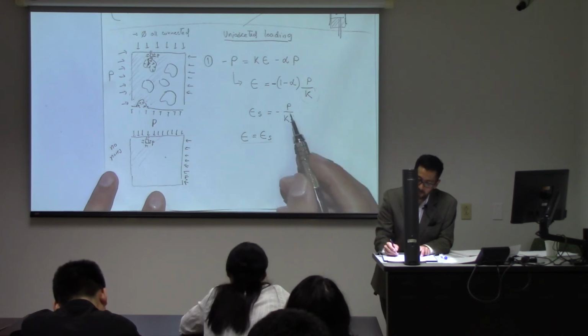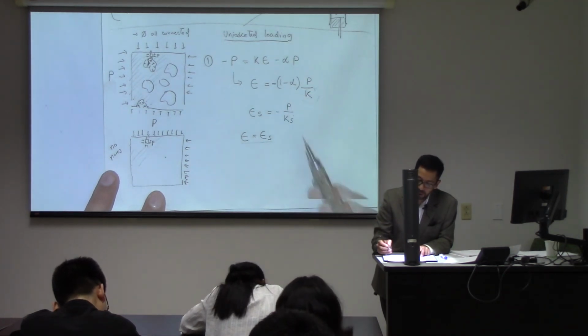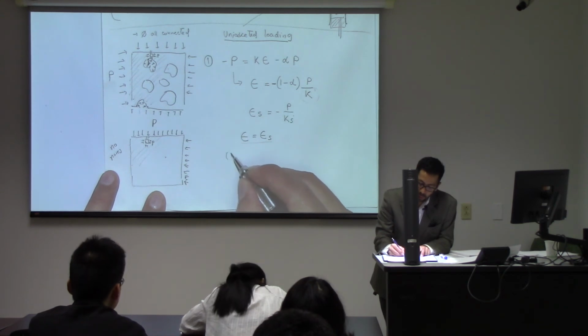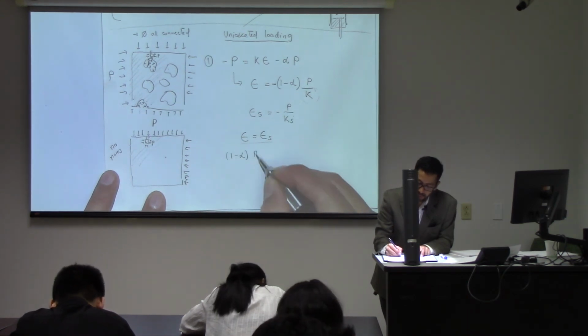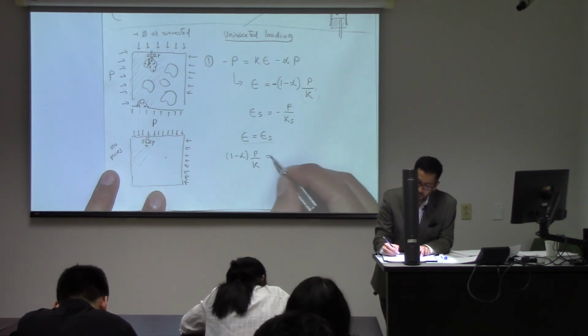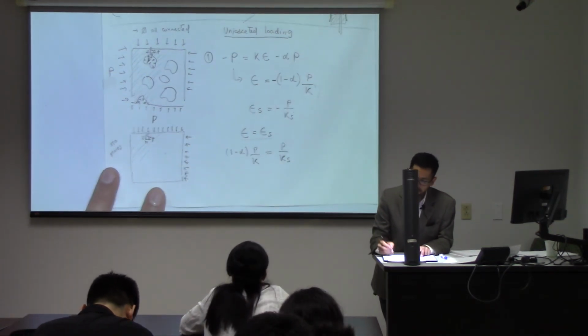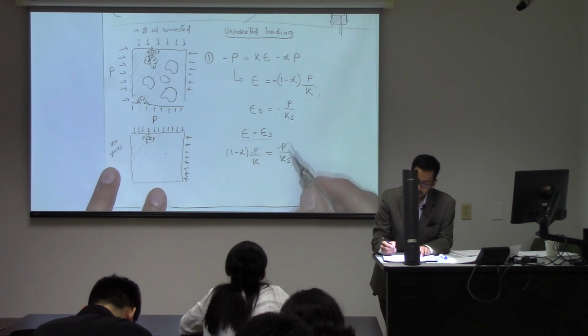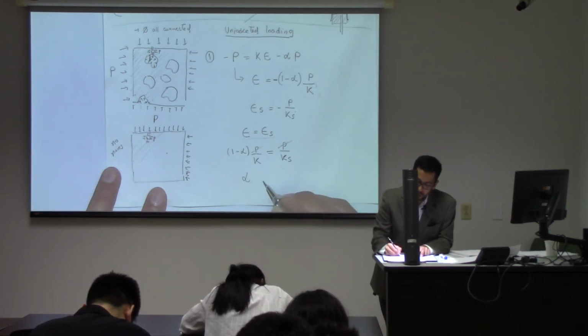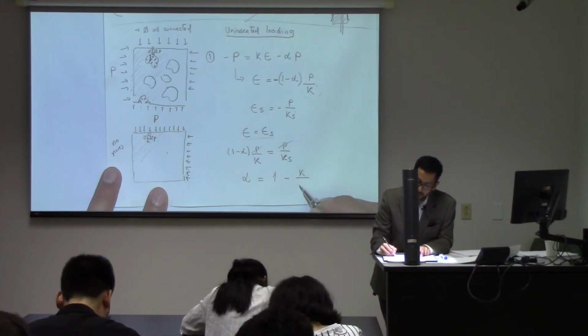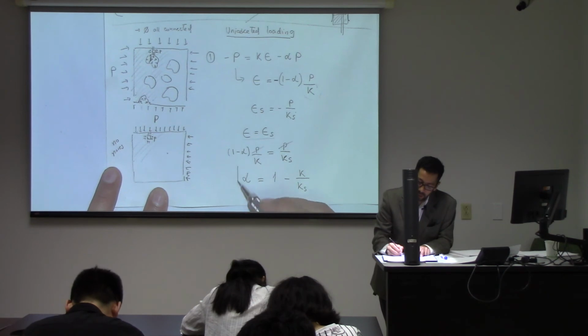And because of that, if I put these two equations together, now I'm going to have 1 minus alpha, P over K is going to be equal to P divided by Ks, as I got rid of the negative signs, and the P is the same. I'm going to get that alpha is going to be equal to 1 minus K divided by Ks.